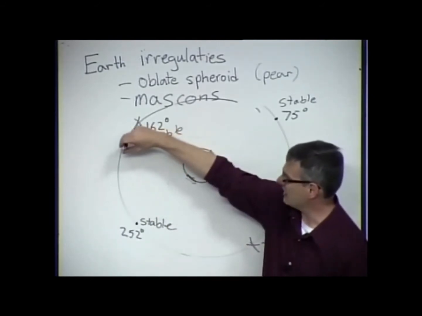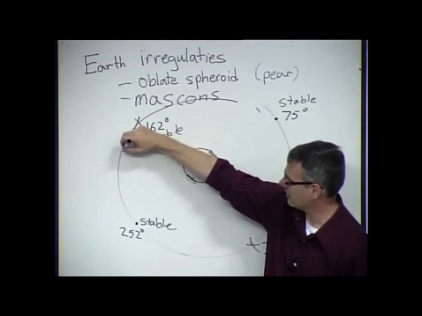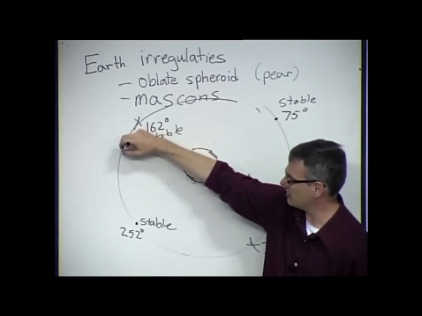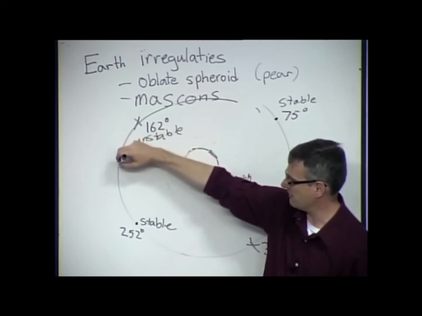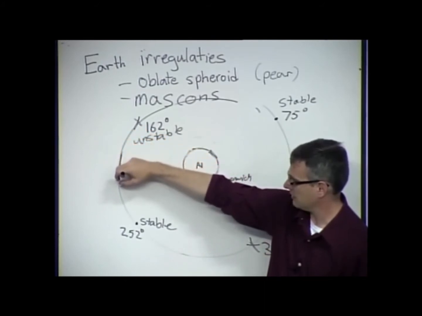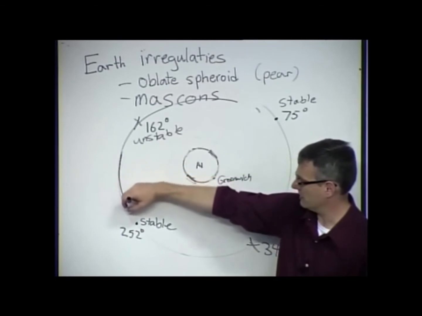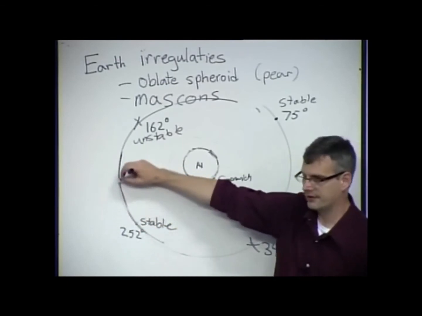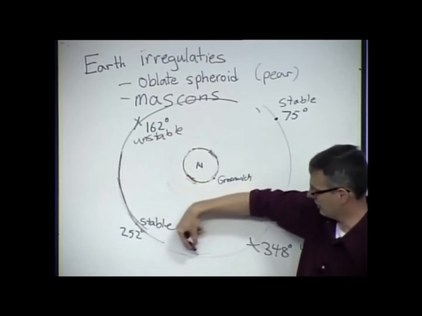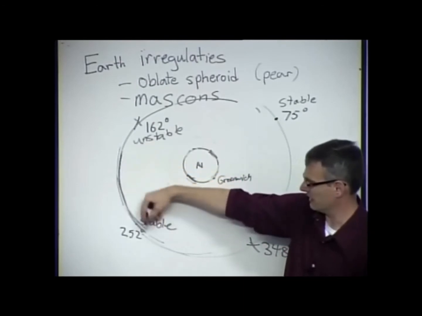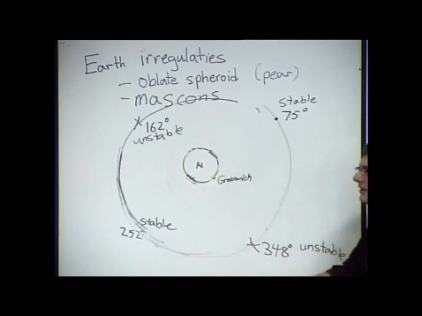If you have a geostationary Earth orbit satellite here, over time, without any correction, it will slowly start to drift over to this stable point and try to settle in. If it's over here, it moves this way. If it's over here, it moves this way. It'll probably oscillate a few times before it gets there.